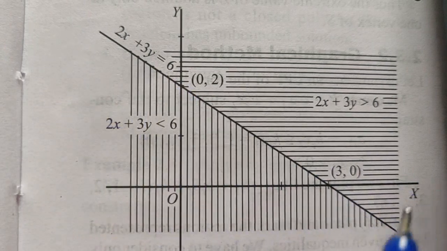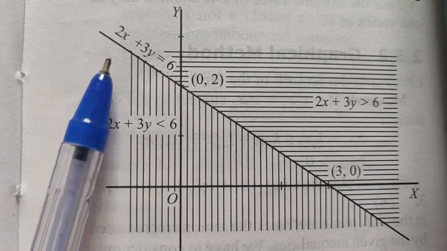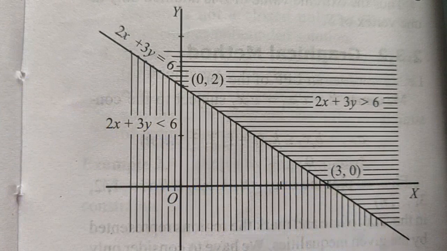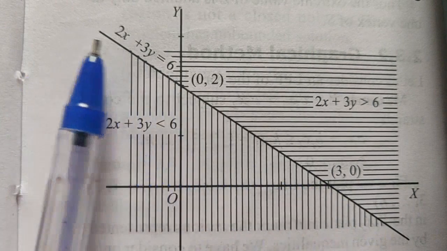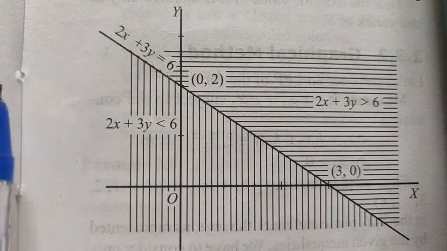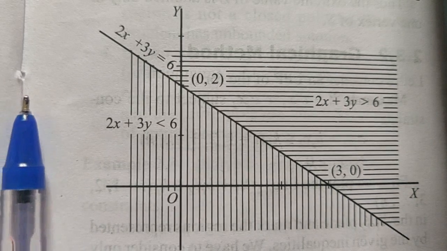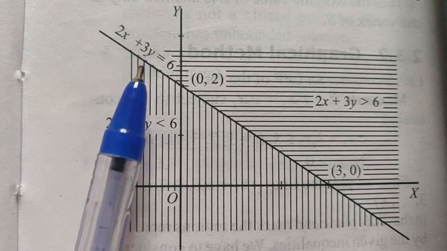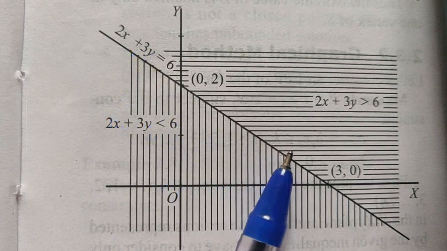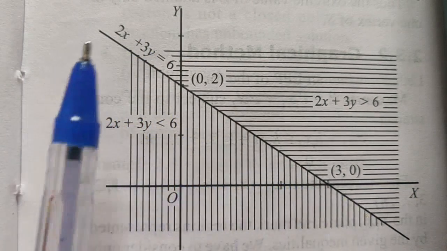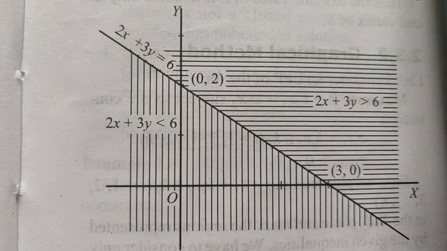These are just the x-intercepts and y-intercepts; once you know them, you just have to join them with a straight line, which gives you the equation 2x plus 3y is equal to 6. Just as an example. So any point (x1, y1) lying on the straight line will satisfy the equation 2x plus 3y is equal to 6.